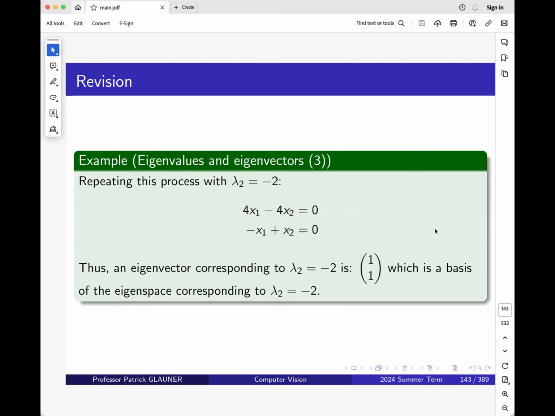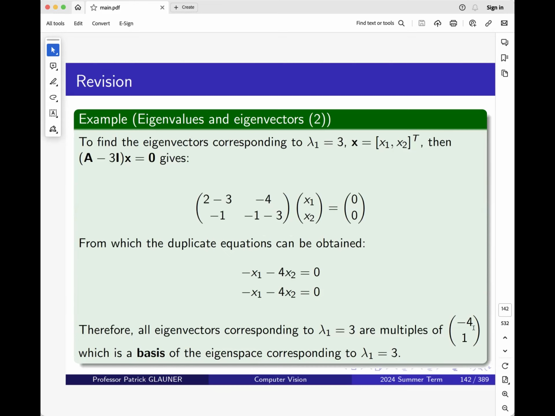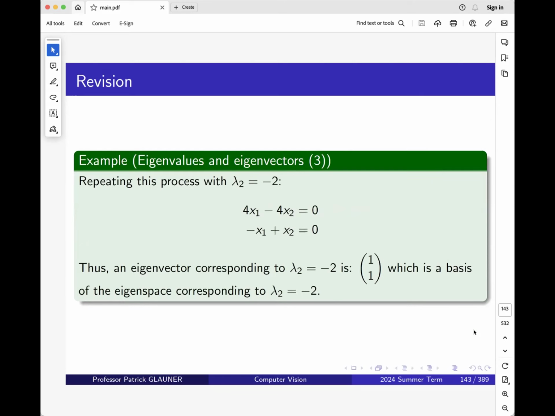You can also do this for the other eigenvalue, which was -2. The solution would describe the eigenvector, which are multiples of 1, 1. So 1, 1 and minus 4, 1 are now the eigenvectors, and we have the corresponding eigenvalues.